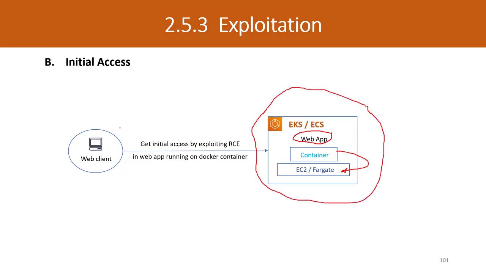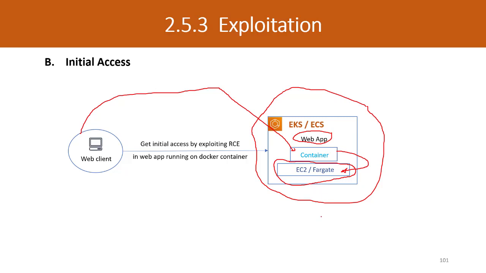So how do attackers from the internet get initial access on these containers, and after that bypass the protections or the sandboxing to compromise the full nodes? After compromising these worker nodes, they can compromise the whole cluster and the EKS or ECS environments.